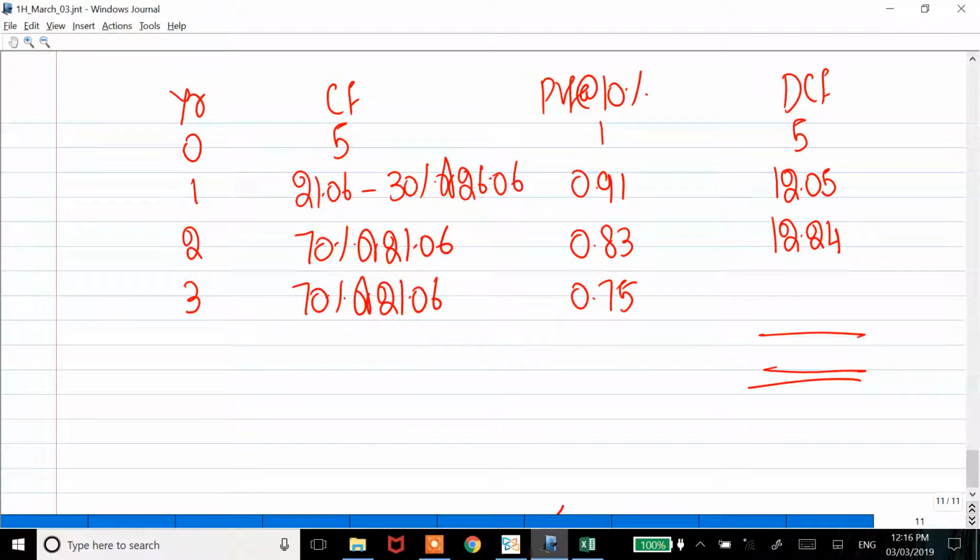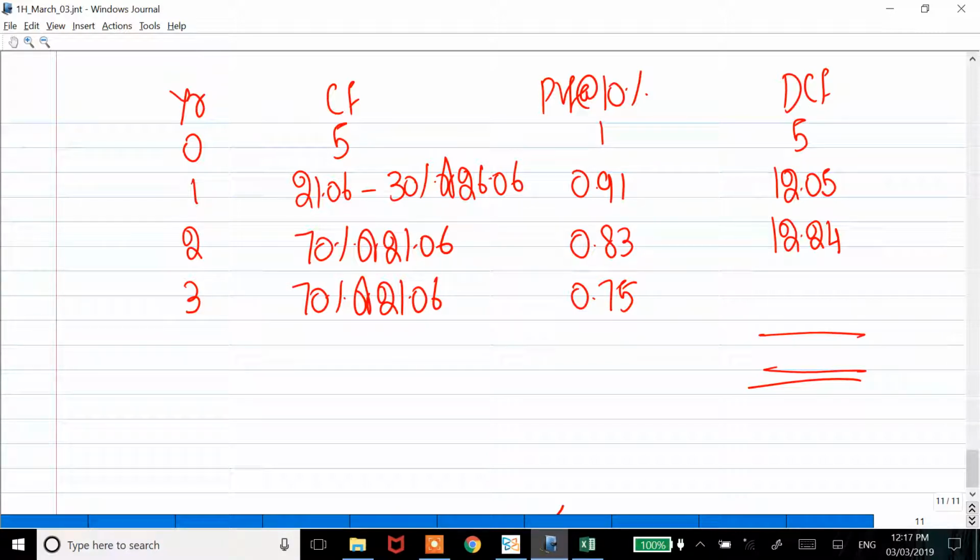Which one? First year? I kept a formula 21 lakh 6,000 into 70% minus 5 lakh into 30%. Correct. I'm getting 14. Then do into 0.91. DCF you do into 0.91. No, you will get 12.05. I'm just talking about cash flow itself. So that should be right.